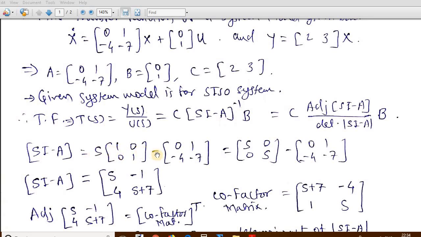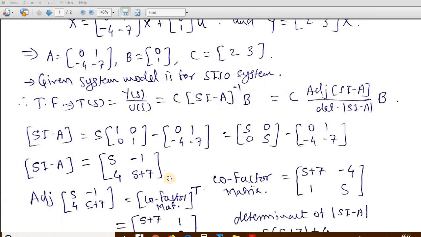Multiplying by s gives [s 0; 0 s], and subtracting matrix A, the matrix sI minus A is [s -1; 4 s+7]. We have to find the inverse of sI minus A first, and then put it in the formula.